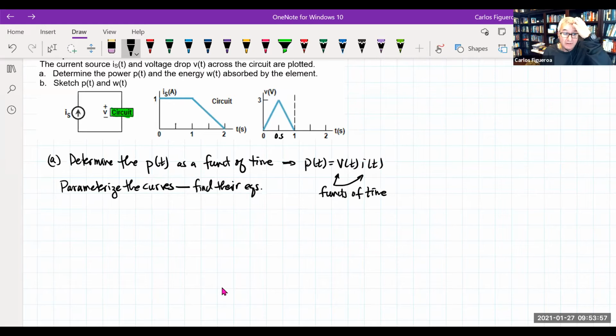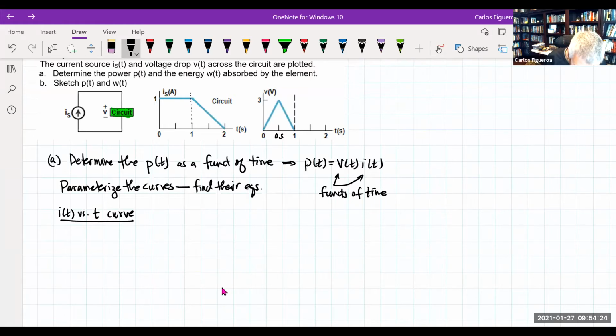And if I start off with the current versus time curve, you can clearly see that up to 1 second, the current is constant, right? It's just 1 amp. However, you could see though that I have a linear line between 1 and 2 seconds.